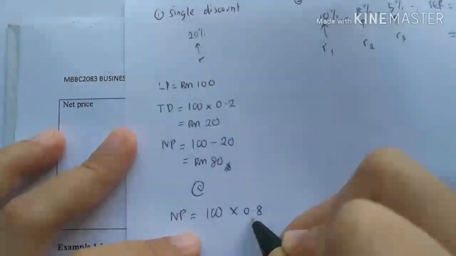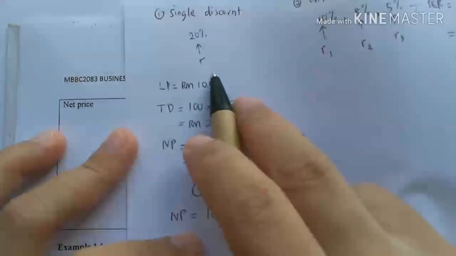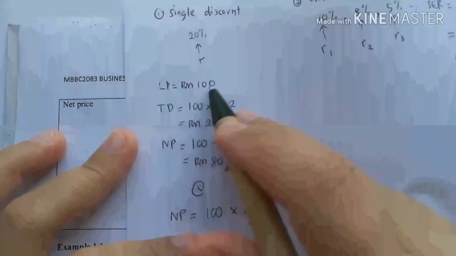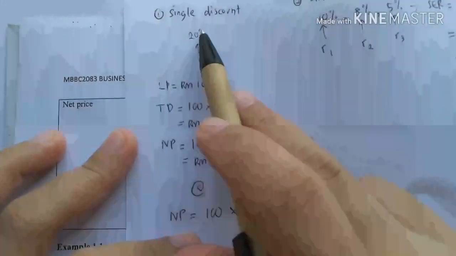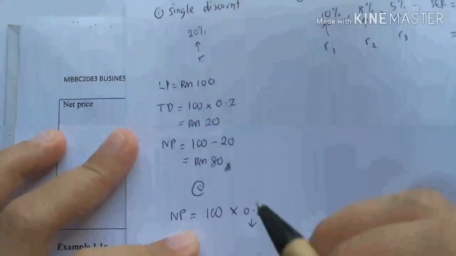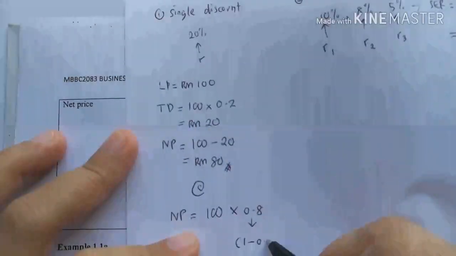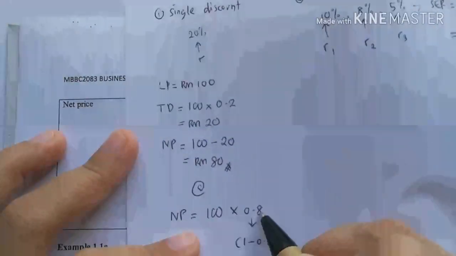So how did we get 0.8 here? The full price is 100 ringgit, which is 100%. So out of 100%, when you get a discount of 20%, discount means reduction, remember? We only have to pay 1 minus 0.2, which is 100% minus 20% equals 80%.